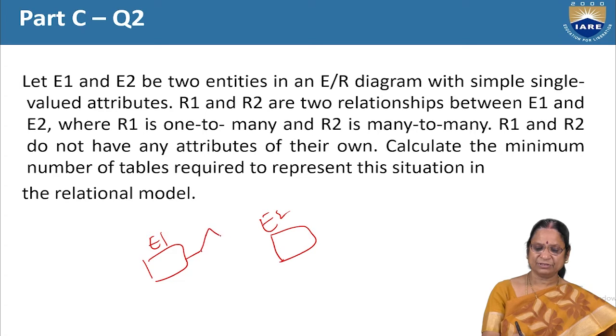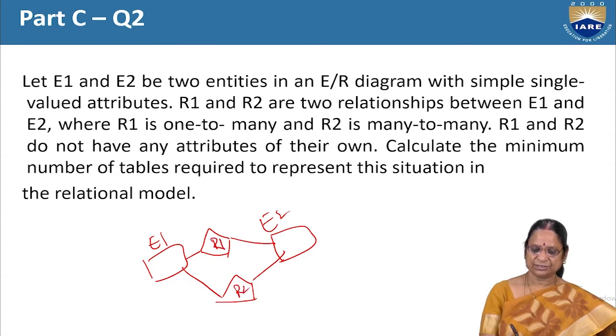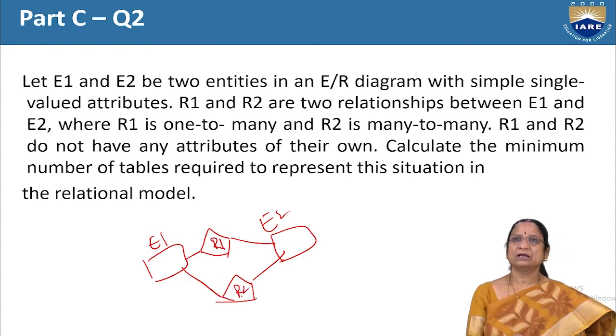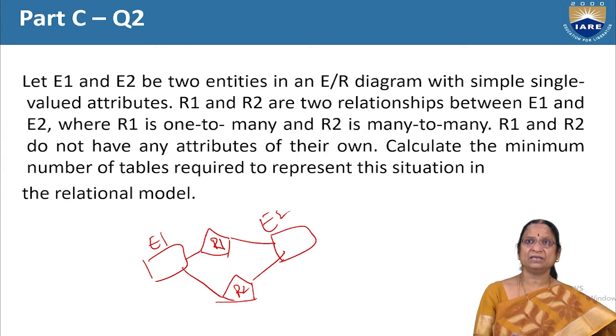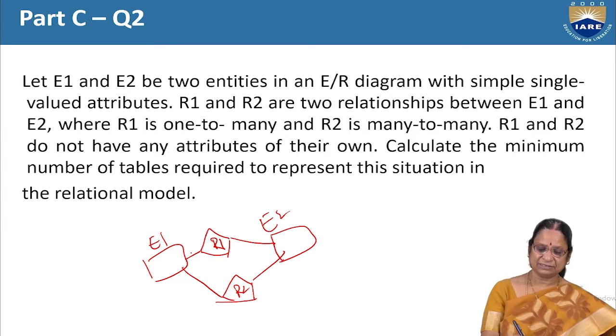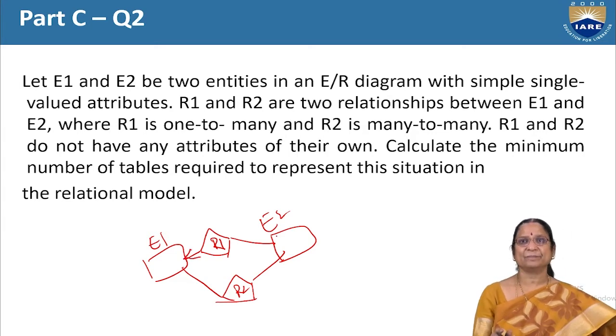These two are connected by using two relationships, R1 and R2. R1 is one-to-many. For example, this side one, this may be many. And R2 is many-to-many.